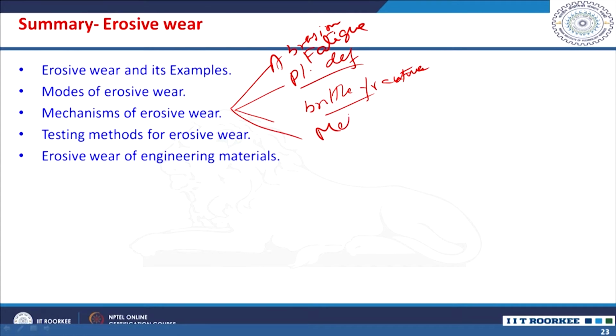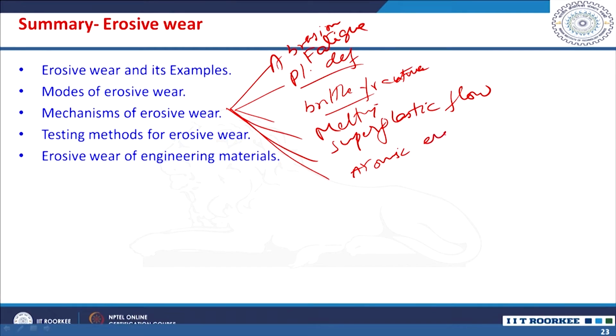Listing all these mechanisms: abrasion, fatigue, plastic deformation, brittle fracture, melting, superplastic flow, or even a crystalline arrangement in which atomic erosion occurs. These erosions are more dominant for the overall material removal.